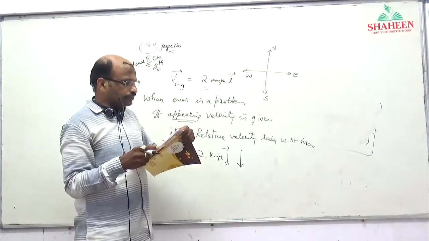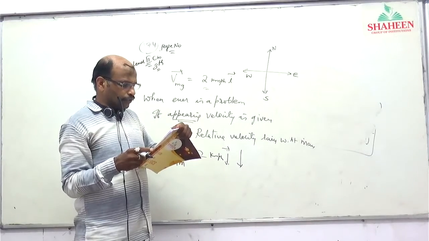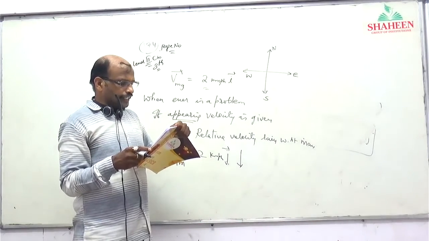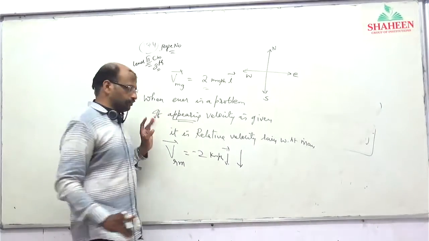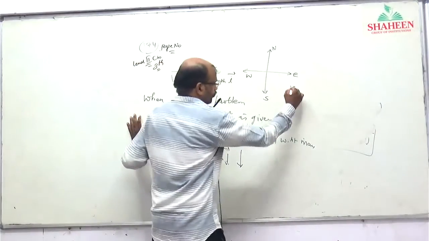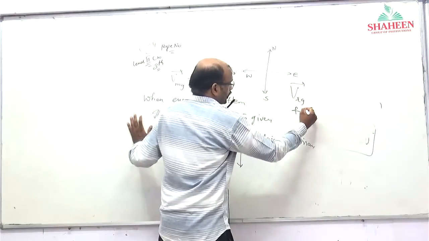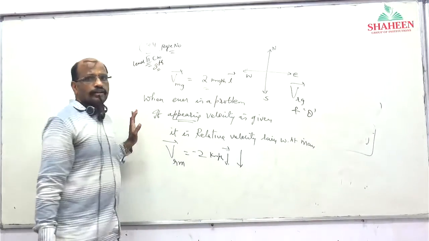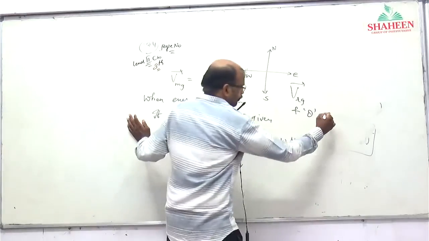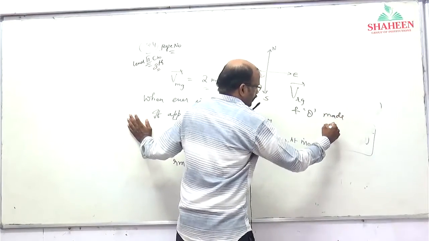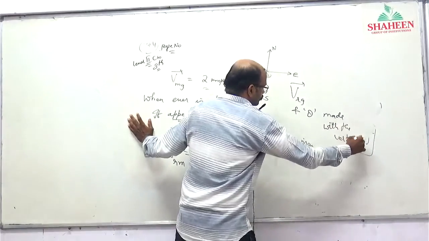So what is asked? The actual velocity and direction of the rainfall with the vertical respectively. He's asking the actual velocity of rain with respect to ground and the angle theta made with the vertical by the rain.